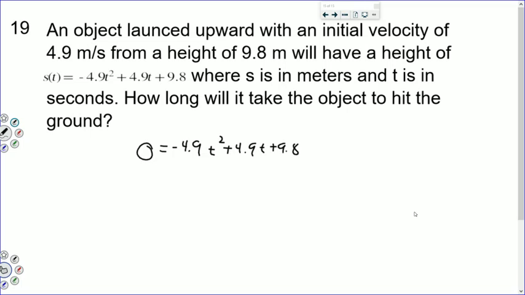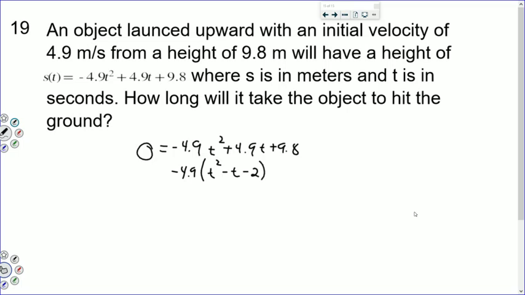Now, I would strongly advise you to be able to factor this. Try to look to see what they have in common, if you can. And they do have negative 4.9 in common. So we're left with t squared minus t minus 2.